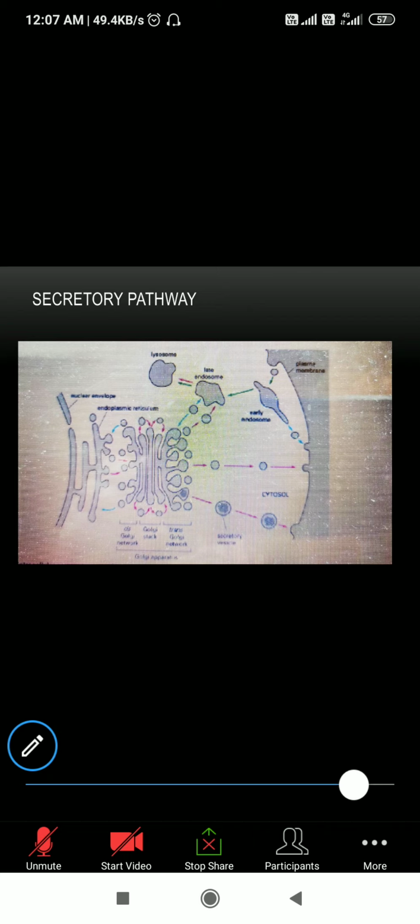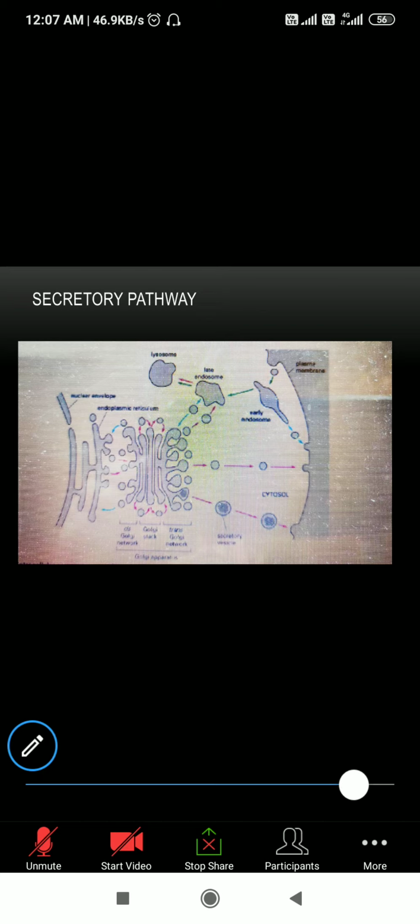So after getting modified in the lumen of the endoplasmic reticulum, these proteins are sent to the Golgi bodies so that they will be transferred to their destination.